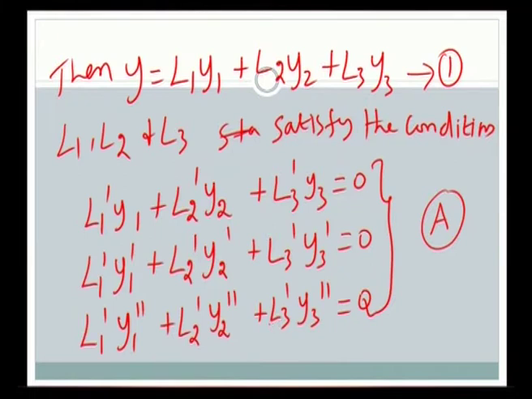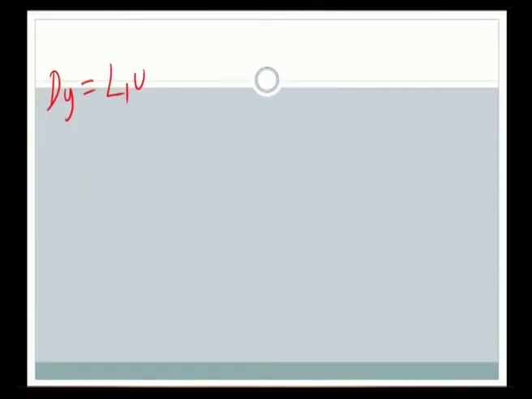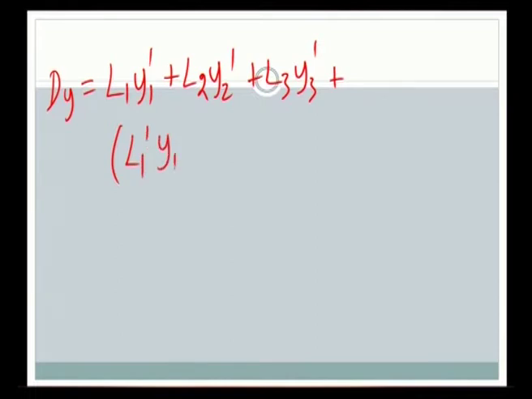In view of A, by successive differentiation of this equation, that is y is equal to L1 y1 plus L2 y2 plus L3 y3, we obtain dy is equal to L1 y1 prime plus L2 y2 prime plus L3 y3 prime plus L1 prime y1 plus L2 prime y2 plus L3 prime y3.